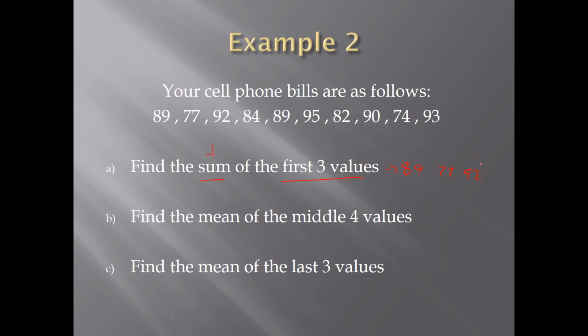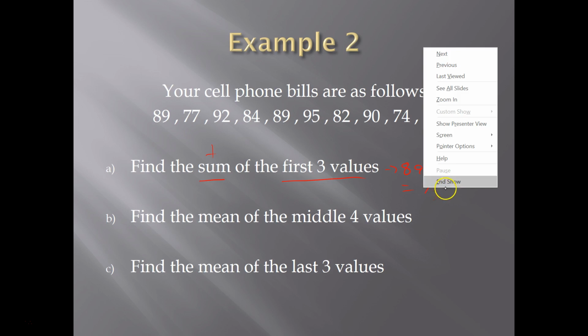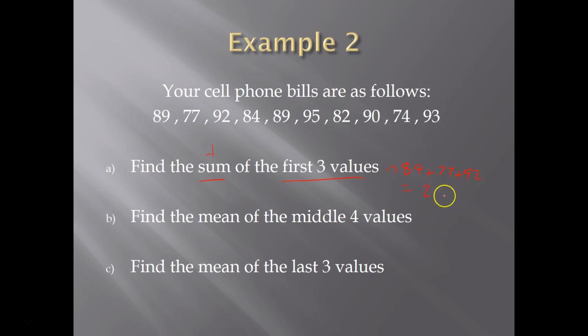Now to find the sum of those, I need to add those 3 numbers together, and that gives me 258. That's the sum of the first 3 values.